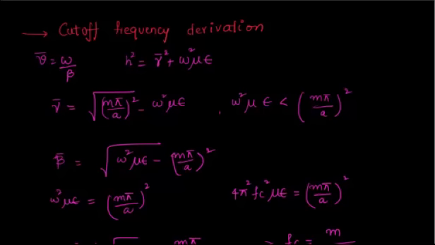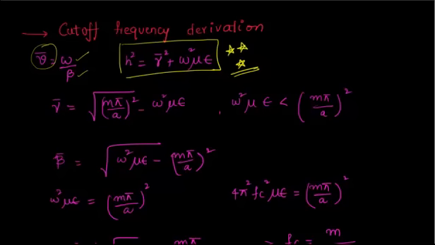In the cutoff frequency derivation, this is the phase velocity, this is omega, this is beta, and I've already said about this relation, which is very important. h square is equal to gamma square plus omega square mu epsilon. C is 1 by root mu epsilon.